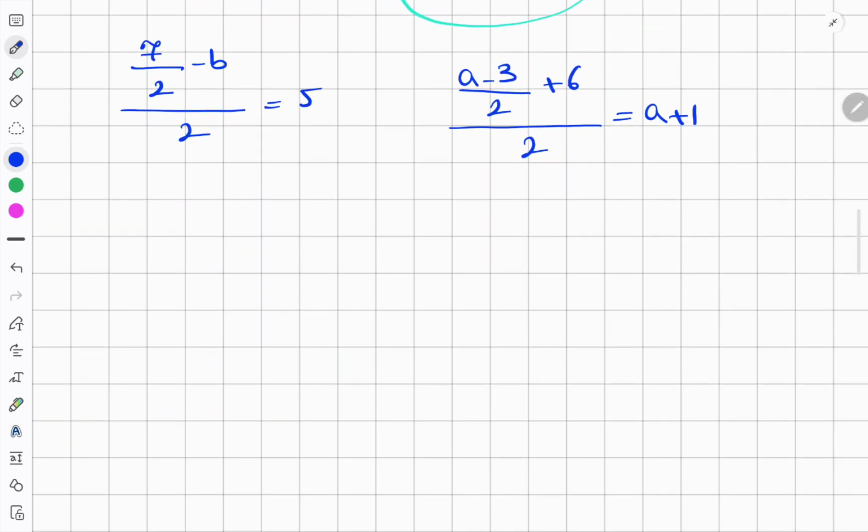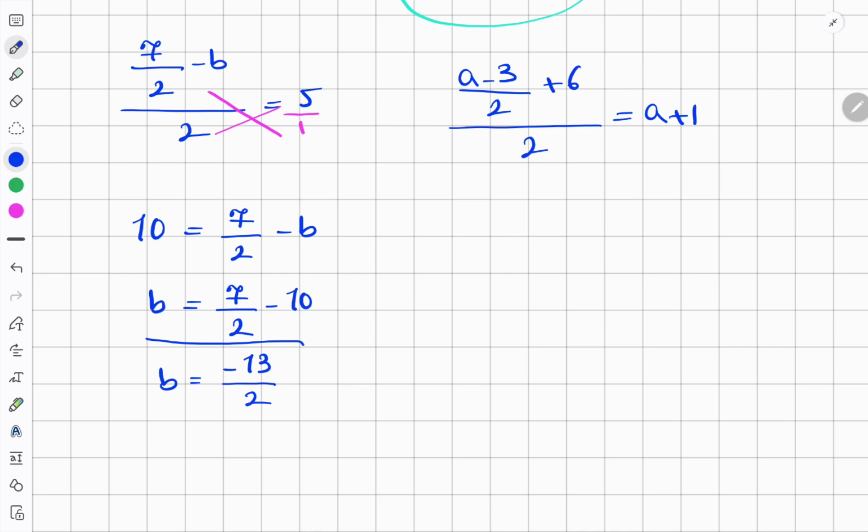If we use cross multiplication, 5 times 2 is 10 equals 7 halves minus b. So bring b to the left side of the equation and change the sign. So b is 7 minus 20, which is negative 13 over 2. This is the value of b.